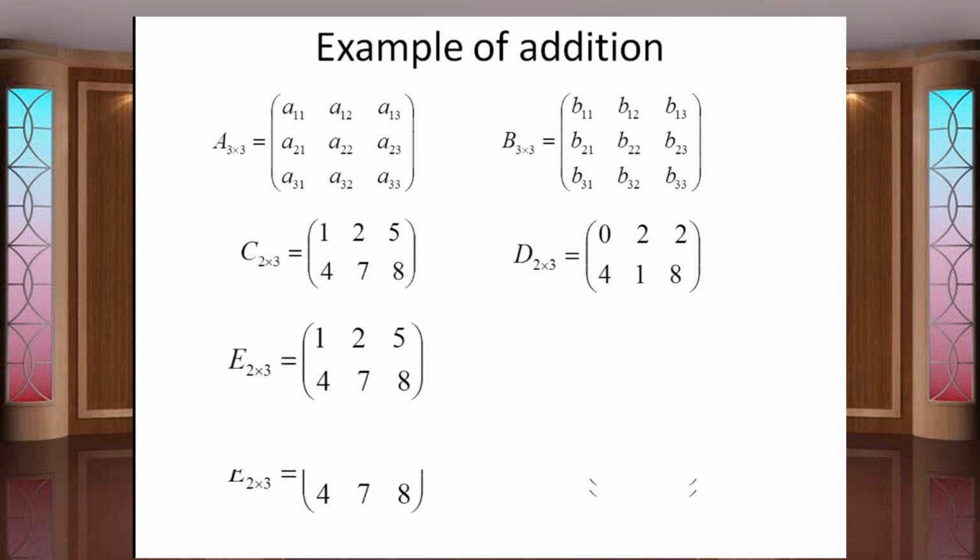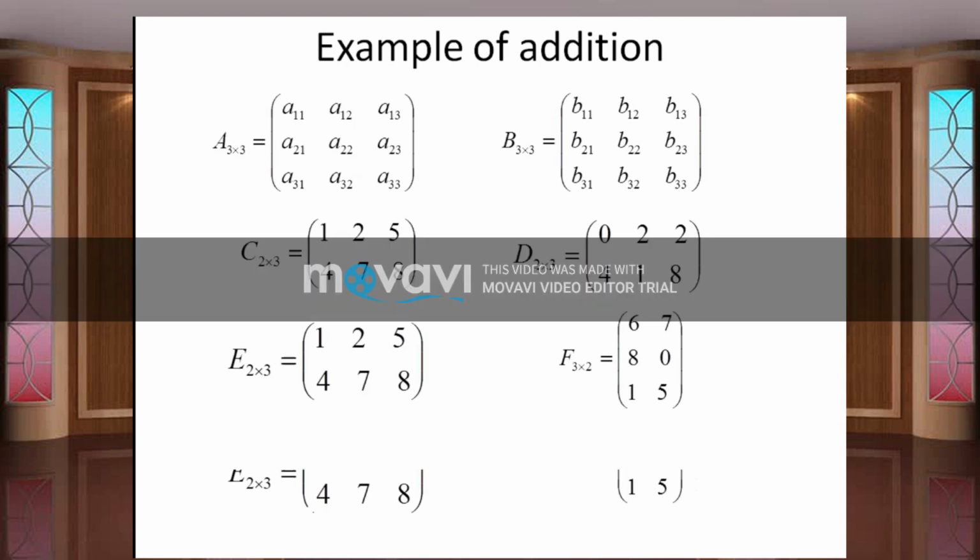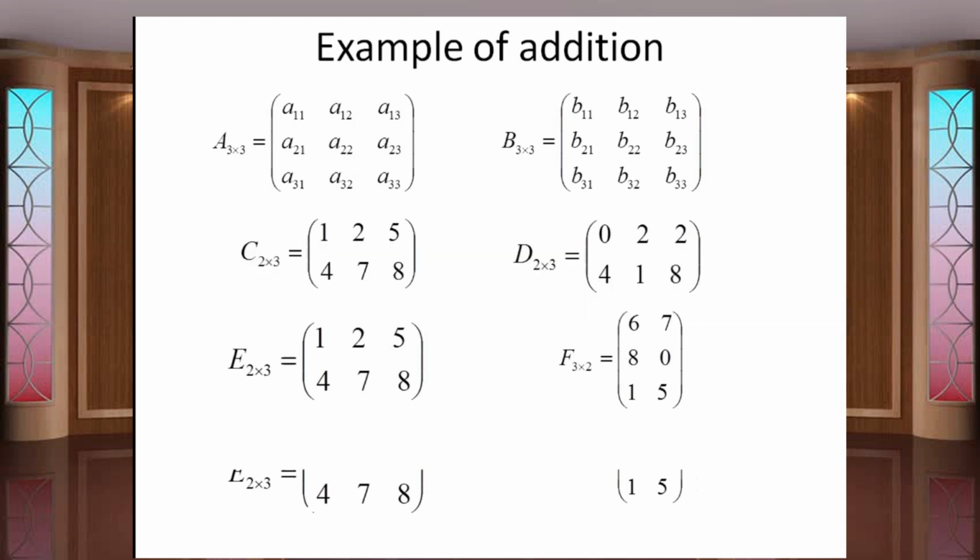But look at this one. Here the rows of the first matrix, E, are 2, but the rows of the second matrix, F, are 3. Similarly, the columns of the first matrix equal 3, but the columns of the second matrix equal 2. That's why their order is not the same.